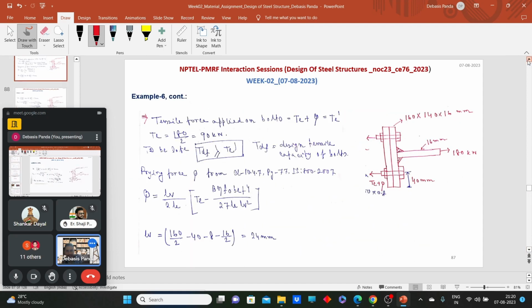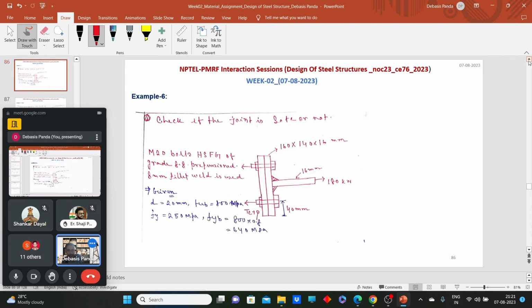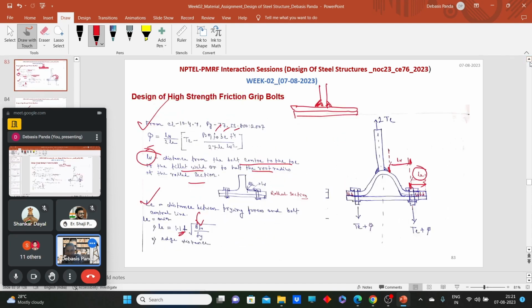Let me go to that slide. Here we have LE and LV. LE is the edge distance, so here we can play with that.